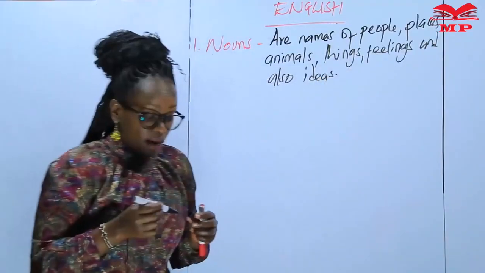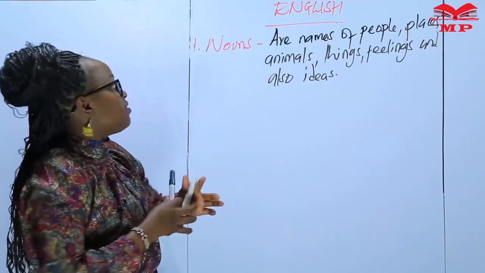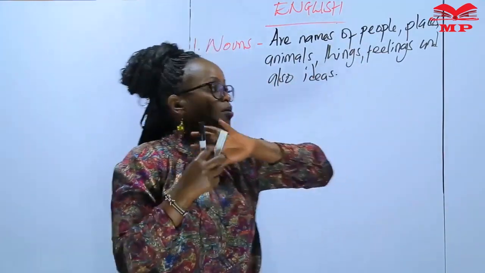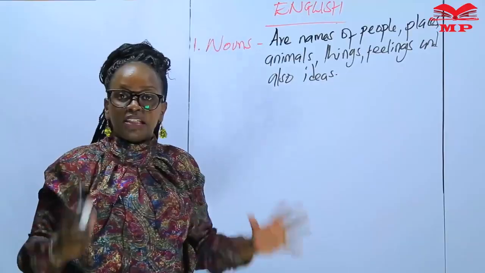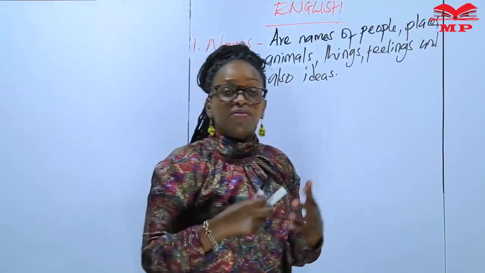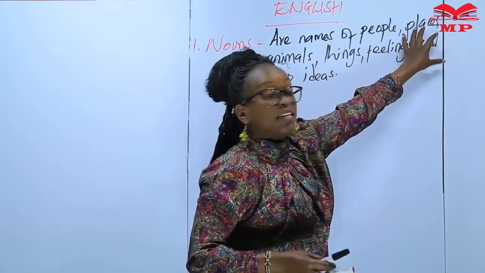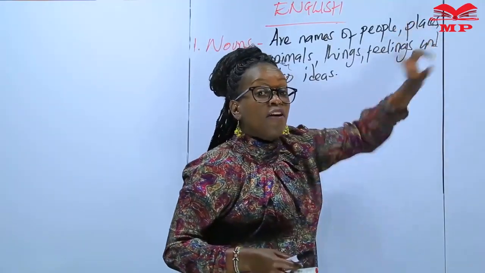All those words that you come across that are used to define any of these, whether it's a name of a person or a name of a place. For example, we have names of cities, towns, and villages. All those are nouns because they represent names of places.